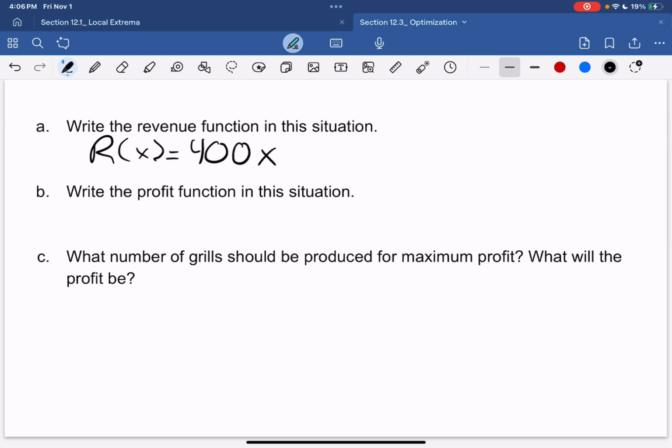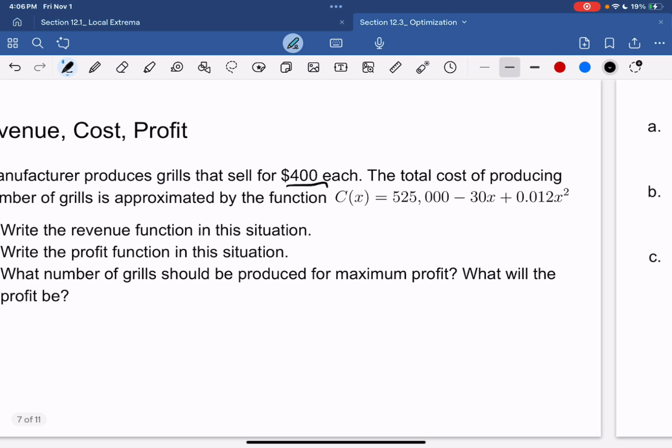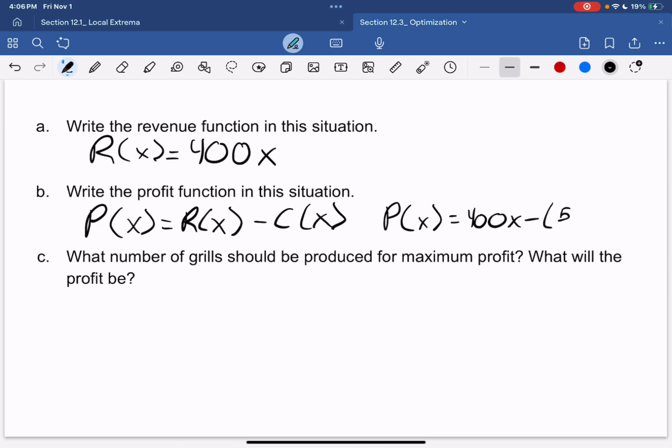Okay. Our profit is always the revenue minus the cost. So my profit function is equal to 400x minus this whole cost function, $525,000 minus 30x plus 0.12x squared.